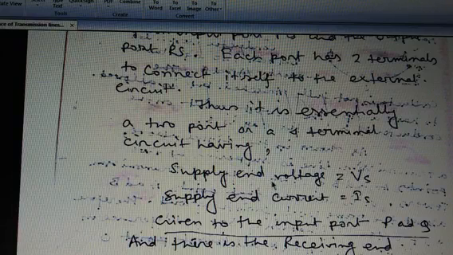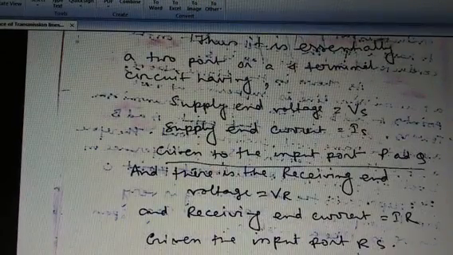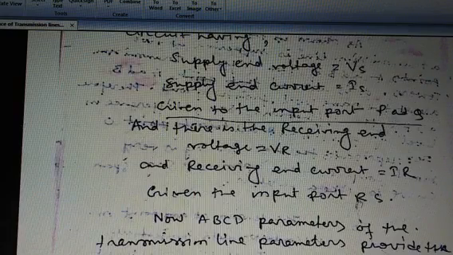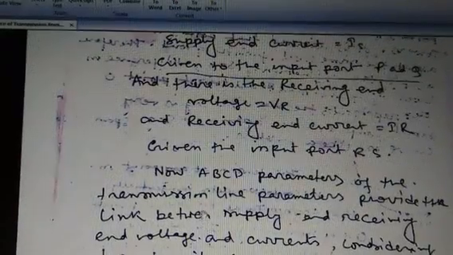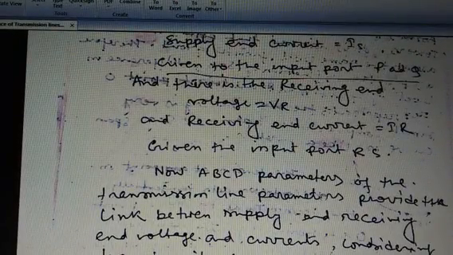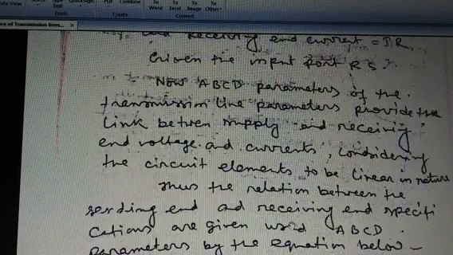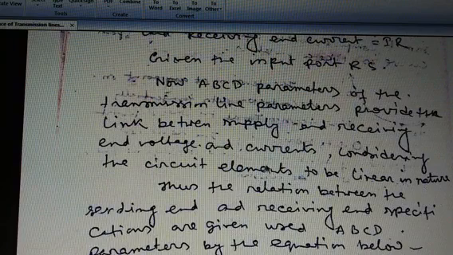The supply end voltage is Vs and the supply end current is Is, given to the input port P and Q. At the receiving end, the voltage is VR and the receiving end current is IR, given to the output R and S. The ABCD parameters of the transmission line provide the link between the supply and the receiving end voltages and currents, considering the circuit elements to be linear in nature.